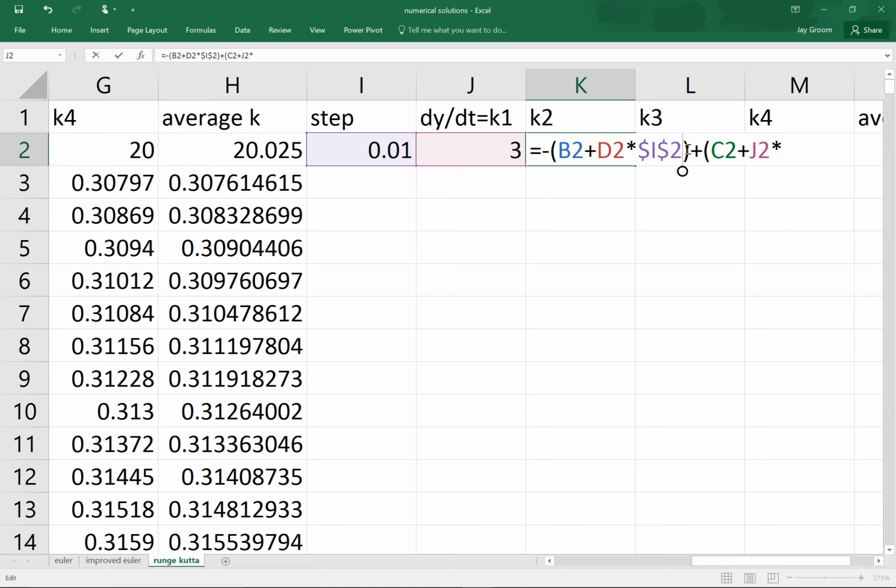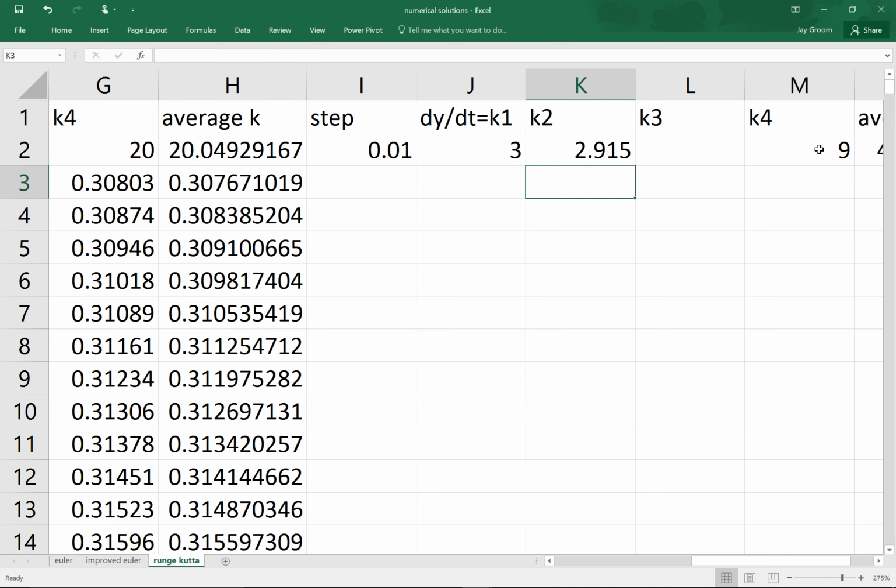Don't forget to divide your step by 2, times your step, which is i2 divided by 2. Ta-da!